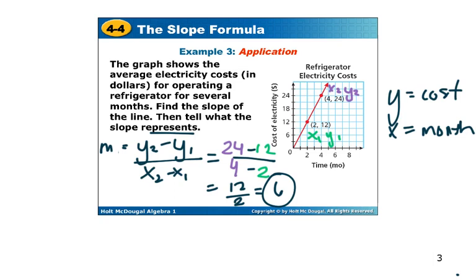So if we actually look at this value, 6 is not actually just 6, but it is in fact 6 over 1, right? Any whole number can be divided by 1. So what does that mean? That means 6 is our cost, and 1 is how much time we have, so per month. So what does this mean in regular people words? It means that it's going to cost $6 per month to operate the refrigerator.